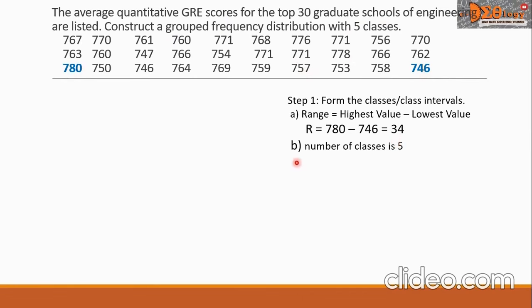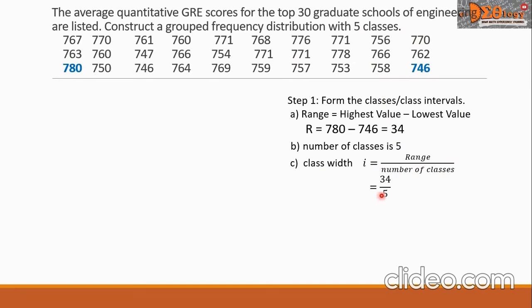Step 1b, we will determine the number of classes, and it is given already in our problem. So there will be 5 classes. Step 1c, to compute for the class width, symbolized by letter I, and this is equal to the range divided by the number of classes.